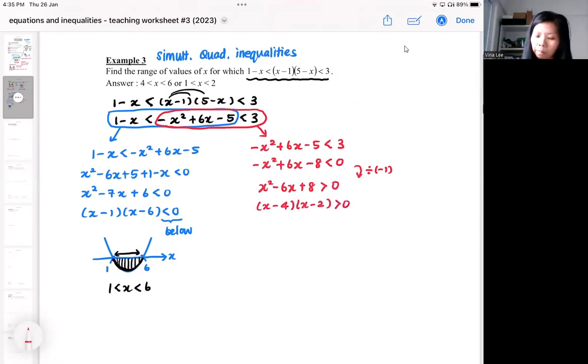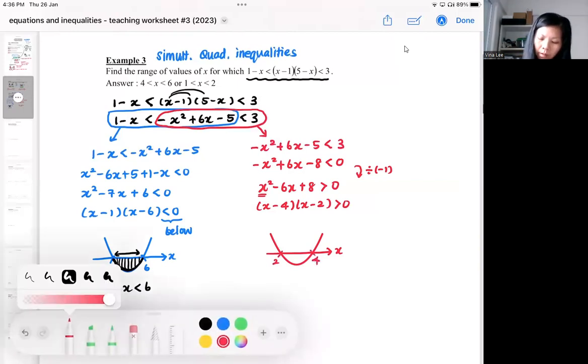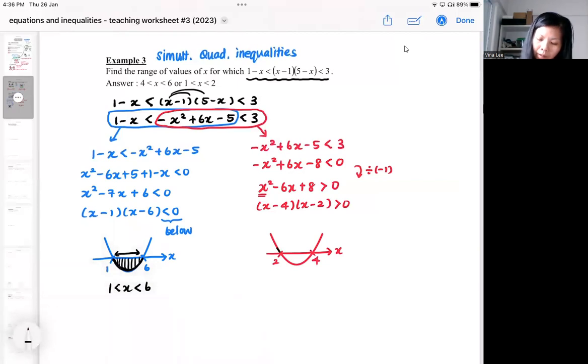And I'm looking for the portion of the graph that is above the x-axis. So it's a smiley graph already because you successfully changed the sad face graph to a smiley graph. So mark the x-intercepts again, and you are looking for the portion that is above the x-axis.